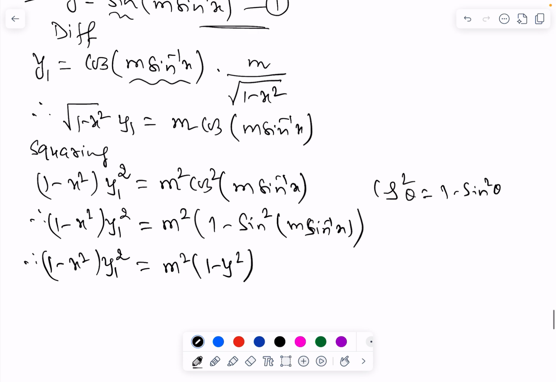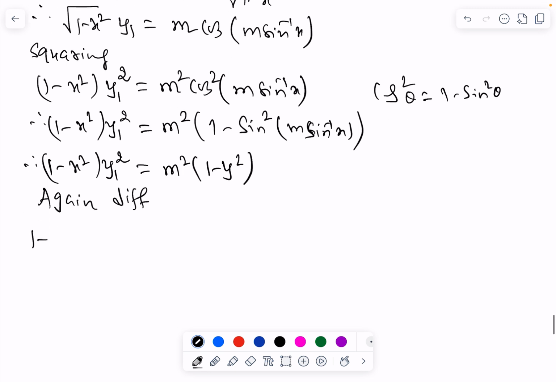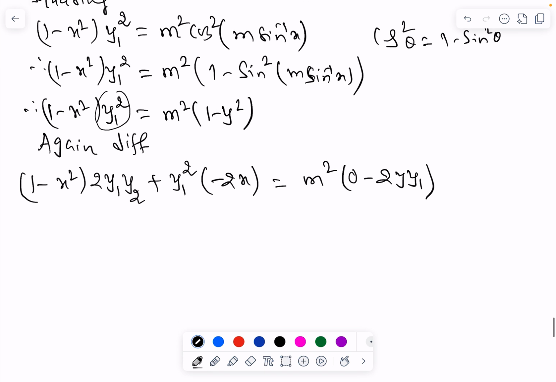Now we differentiate again. So again differentiate, we get 1 minus x square, product rule we need to apply. Derivative of y1 square is 2 y1, and then the derivative of y1 is y2, plus y1 square, and derivative of 1 minus x square is minus 2x, equal to m square. This derivative of y square is minus 2y, and derivative of y is y1.